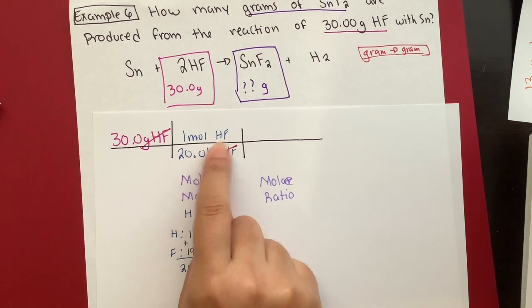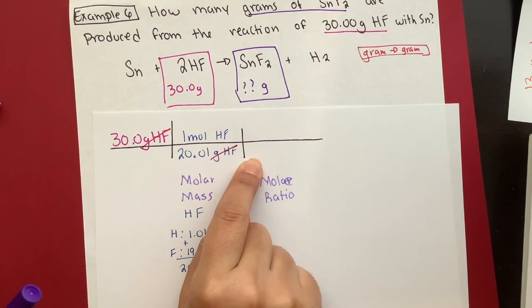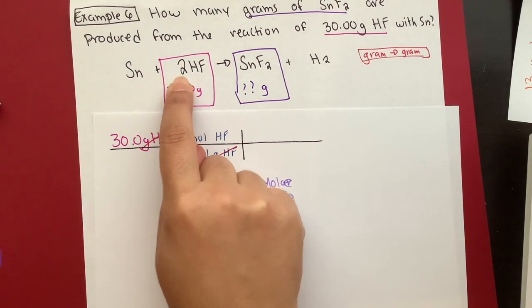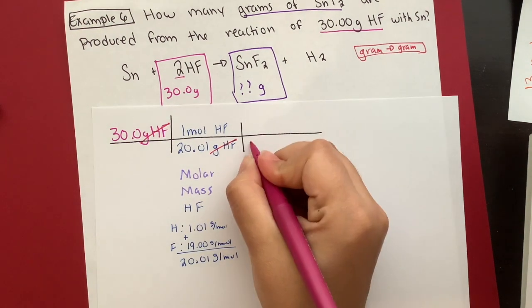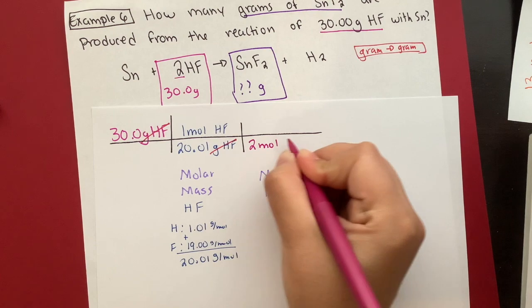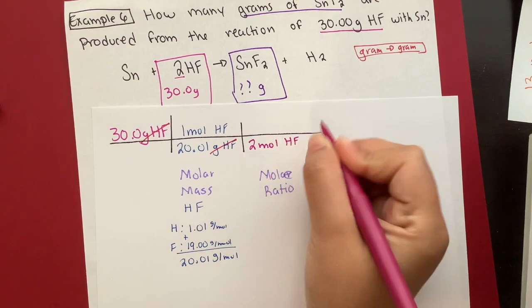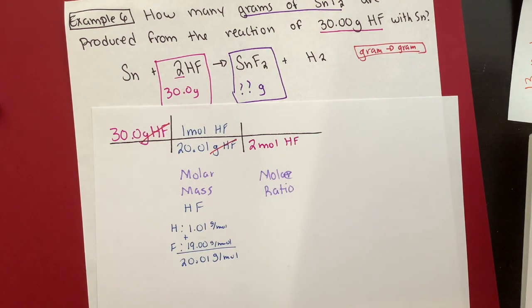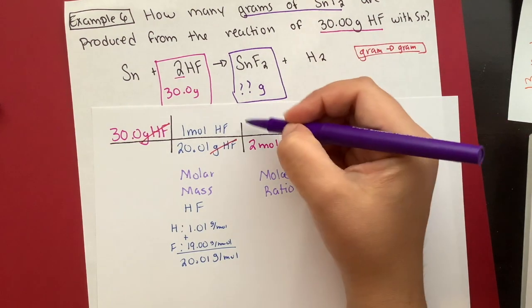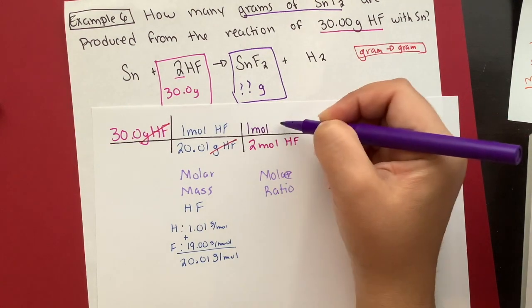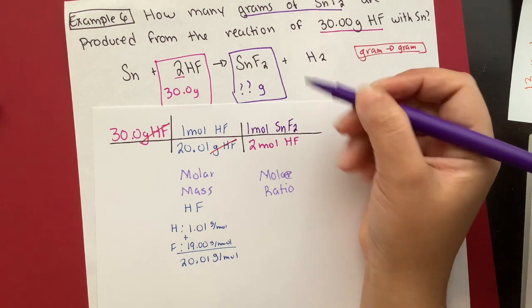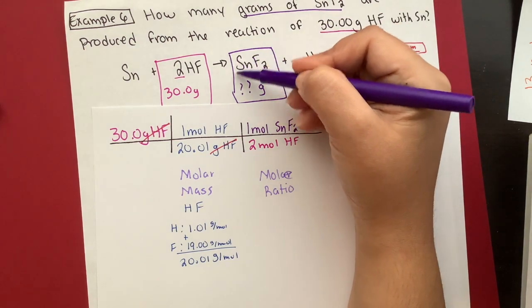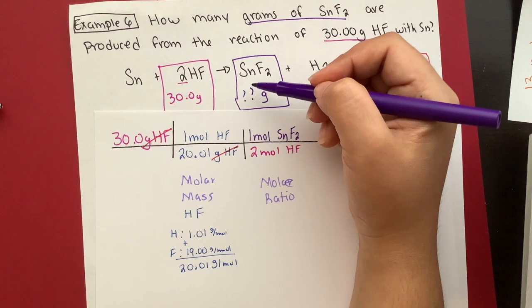Since I have moles of HF on top, in the bottom I want to write 2 moles of HF, and in the top of my mole ratio I write 1 mole of SnF2. Remember that if there's no coefficient, that does not mean 0, that means 1.